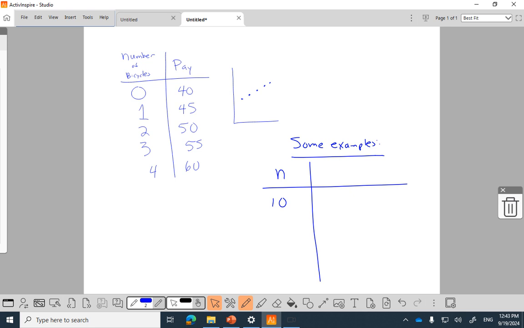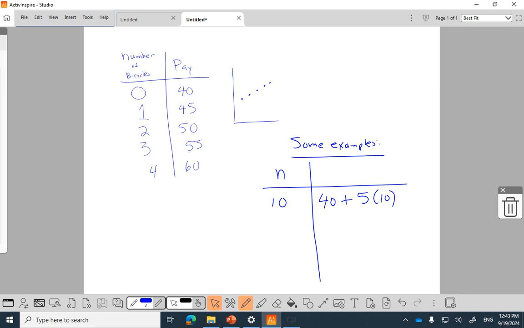Well, how much does he start with? 40. Plus he gets more. 5 times 10. And we could work that in our calculator. I hope we're good enough at BEDMAS that we can do that. I'm not going to do that here.